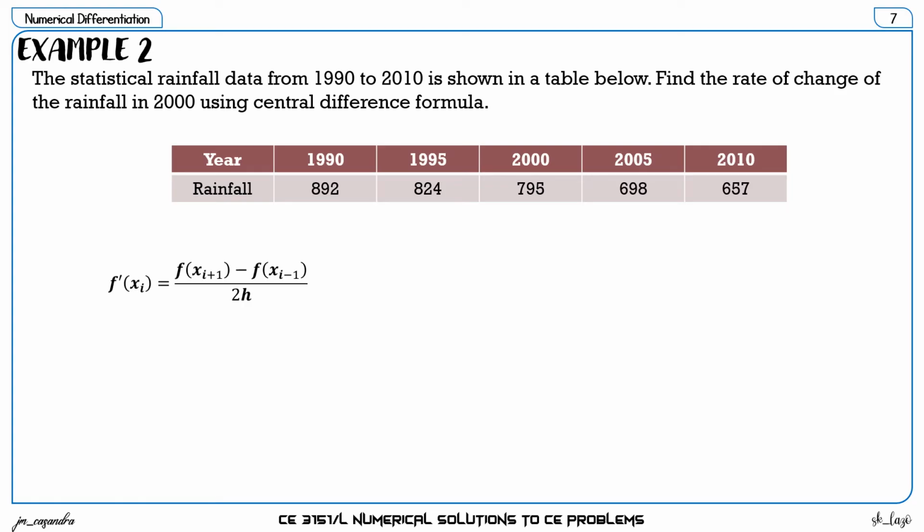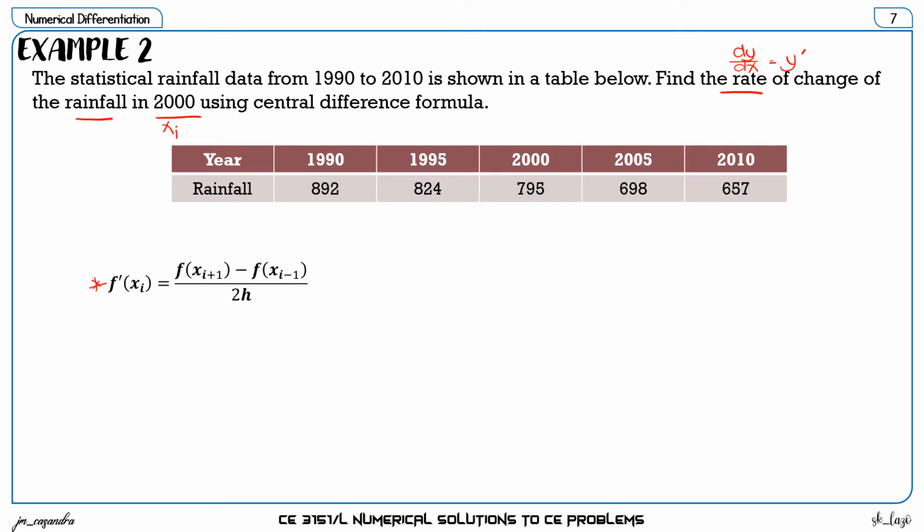For the central difference formula, we have this given equation. Since we are solving for the rate of change of the rainfall, the rate of change here is your slope, that is dy over dx, or your y prime.